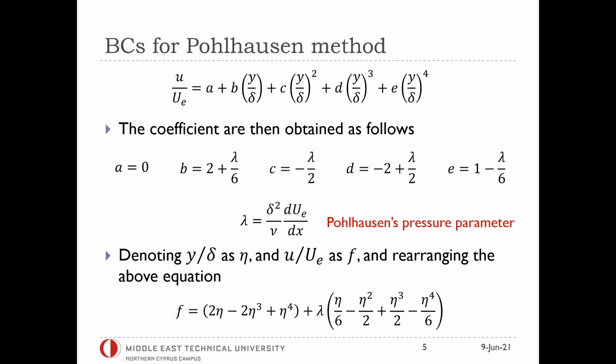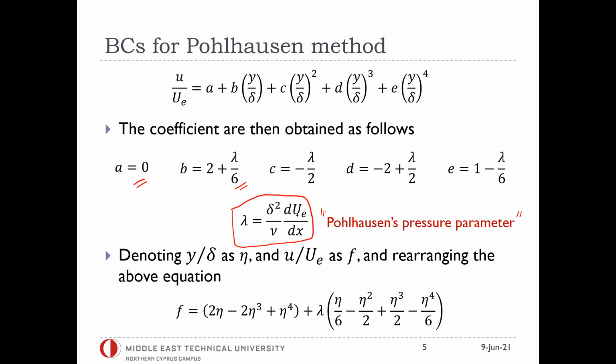Let me first discuss the values. A is equal to 0. B must be equal to 2 plus lambda over 6. By the way, the definition of lambda is here. It's a function of delta square over nu and the uh velocity gradient. This is in fact known as Pohlhausen's pressure parameter because it's related to the pressure gradient.